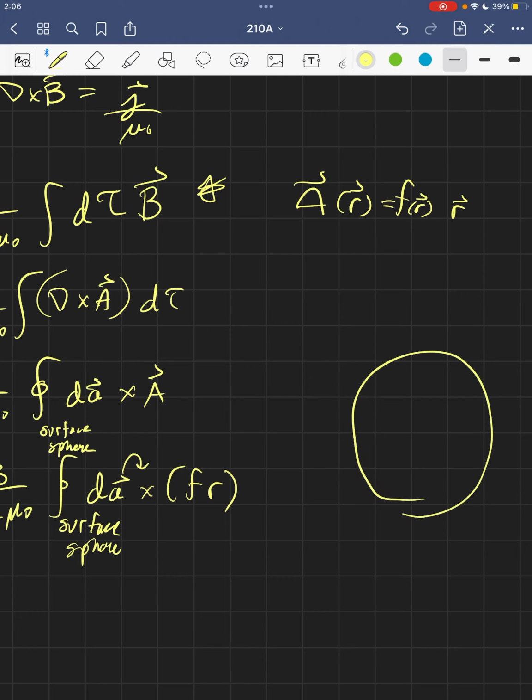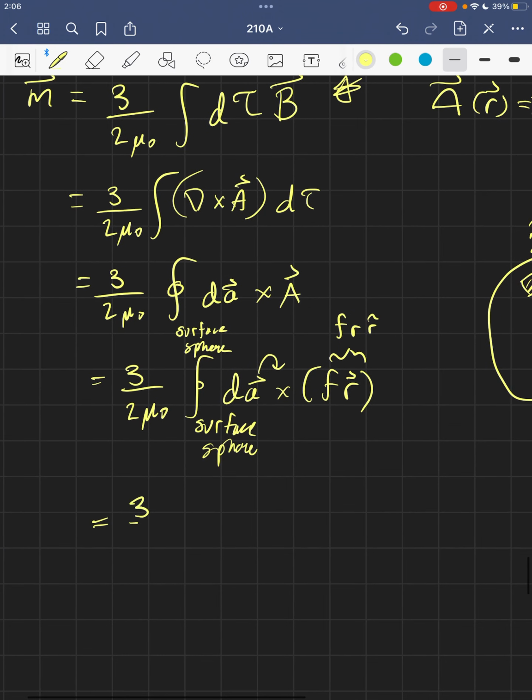If this is a sphere, we take a section of it, and that unit vector is r hat. Well, r hat crossed with some function that depends on r, and your r vector, overall this is f r hat. R hat cross r hat is 0. That's how we get the answer out.